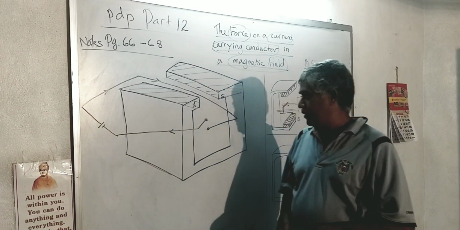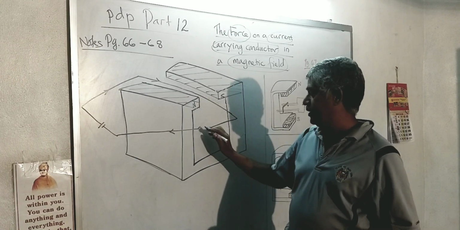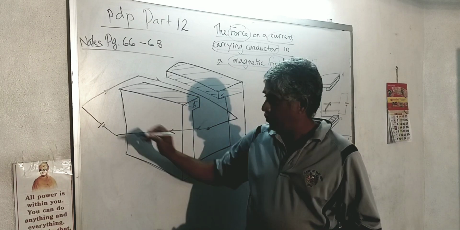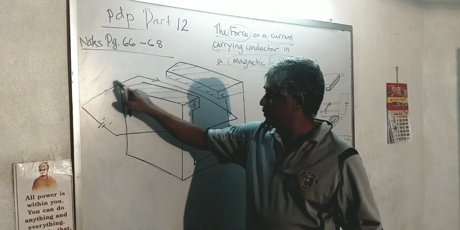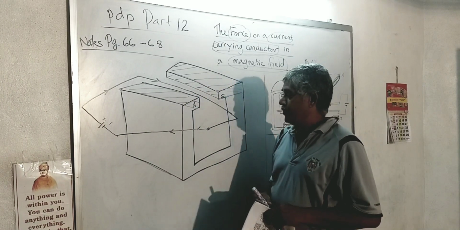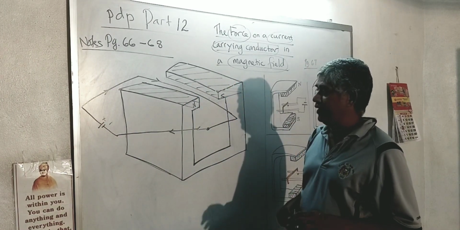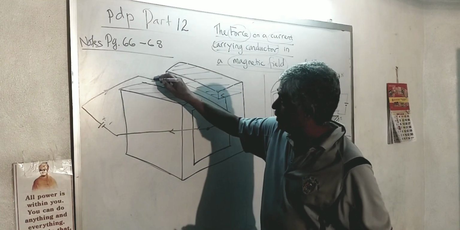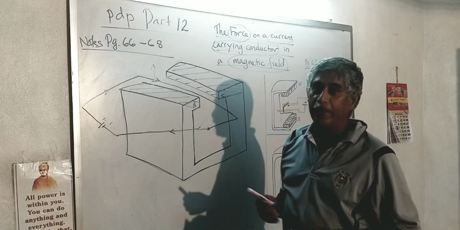So if I turn on this circuit, the current moves from the positive terminal, passes through, then comes back to the negative terminal. When this happens, it is found that whenever you turn on, the wire starts moving.